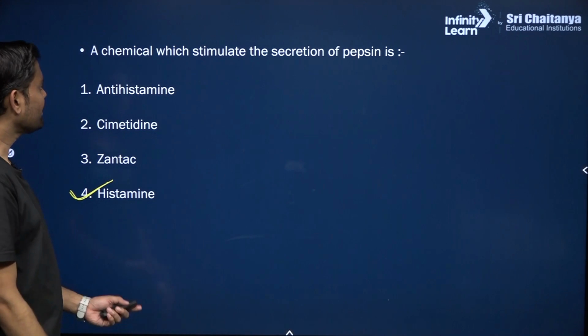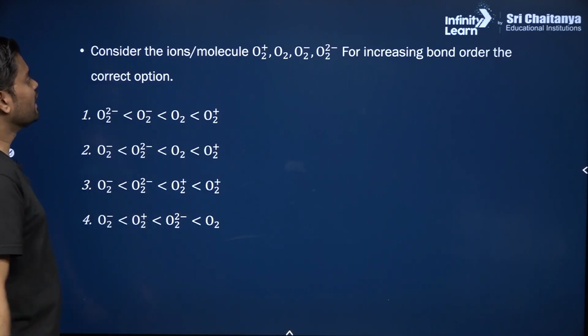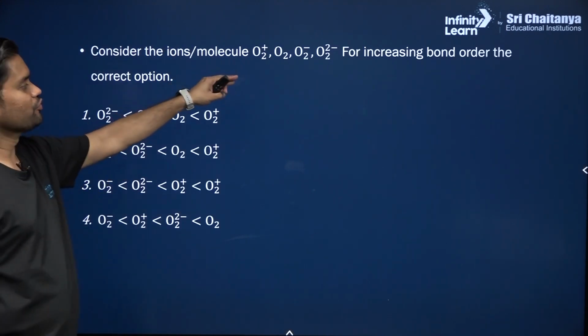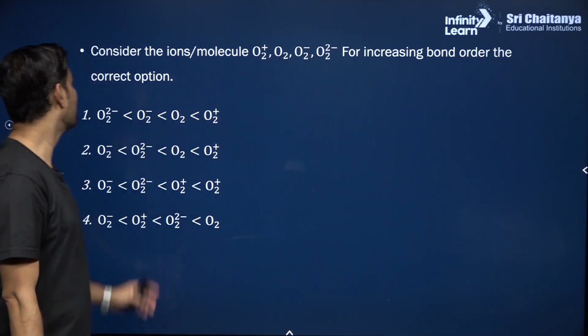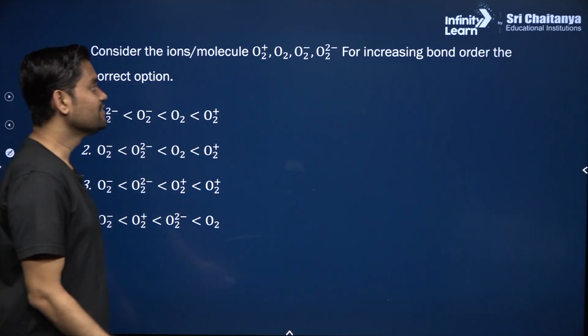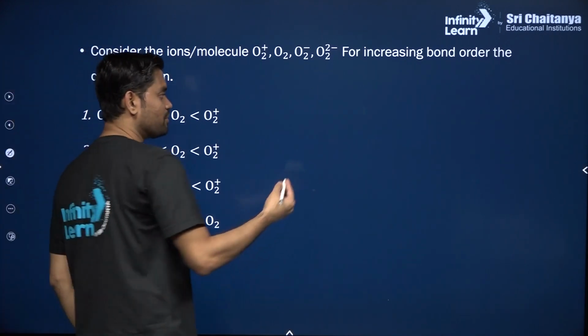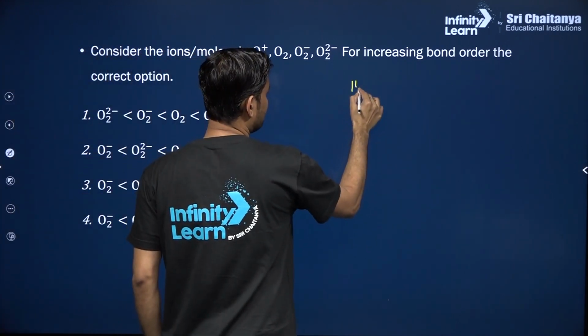Clear? Next, consider the ions or molecules O2 plus, O2, O2 minus and O2 2 minus. For increasing bond order, the correct option is, see, the best way to solve this question is to remember the shortcut of 14.